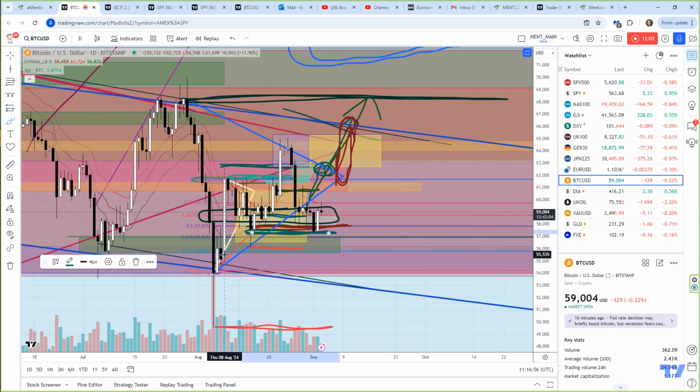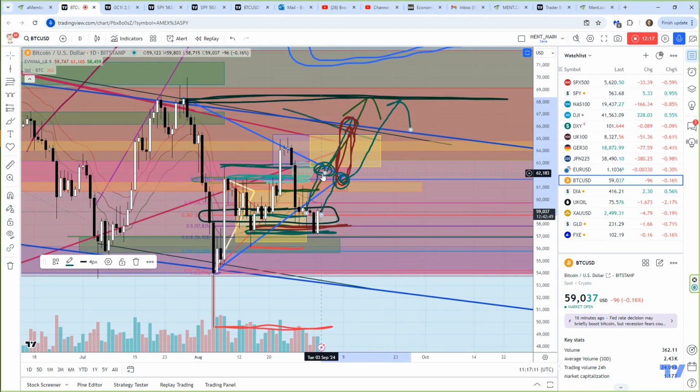And we have flagged into this apex. We have seen this little washout low. I would not be surprised to see Bitcoin rally back up into this apex area, stall out a bit before making a bigger move higher.